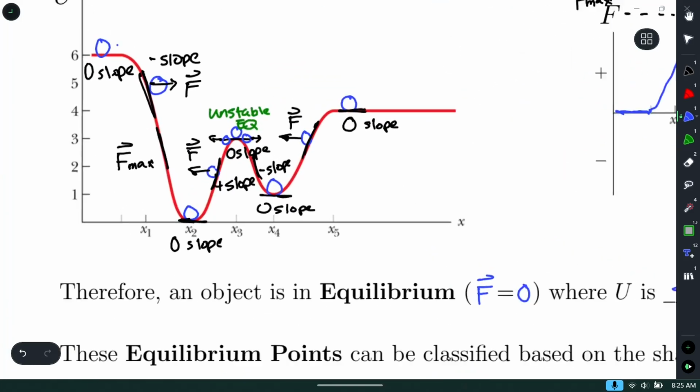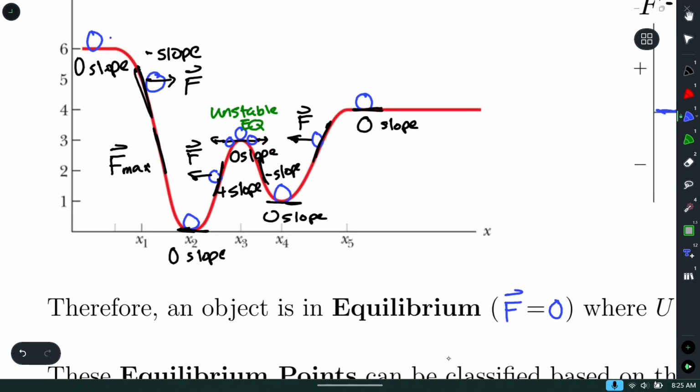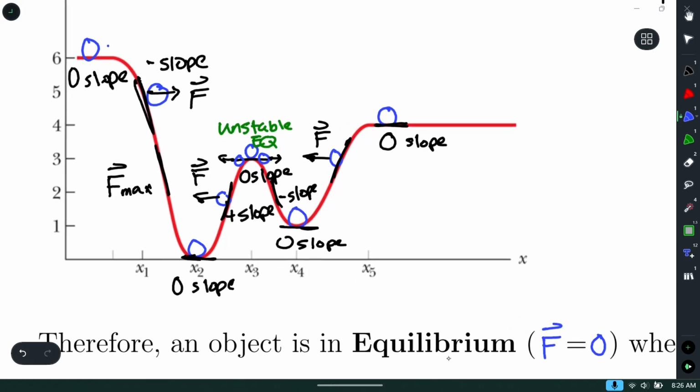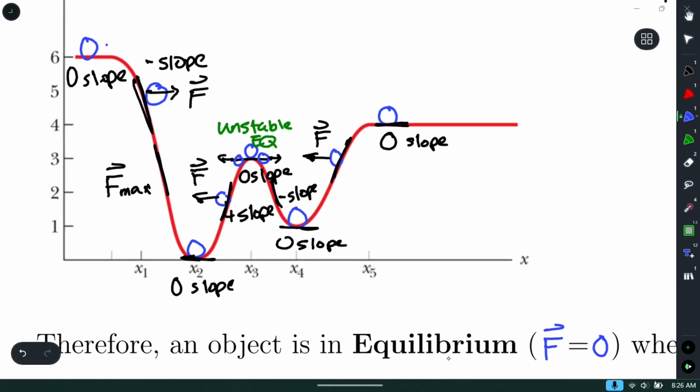Yeah, that is sort of a physical principle you're getting at, is stuff likes to go towards the lowest potential energy. So, reason being, if we tried to move it away from that equilibrium point, gave it a little kick off to the right or to the left, which way is it going to feel a force? So if I kick it to the right just a tiny bit, which way will it be pulled? To the left. Back to the left. And if I kick it to the left, it'll be pulled back to the right.